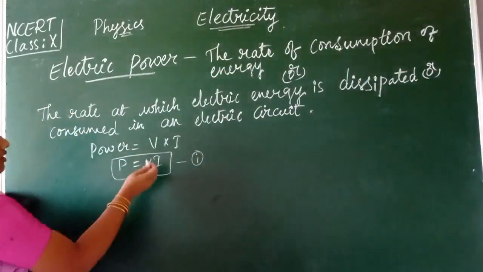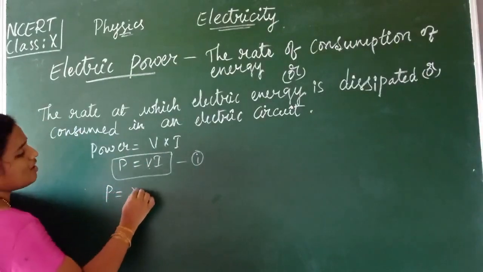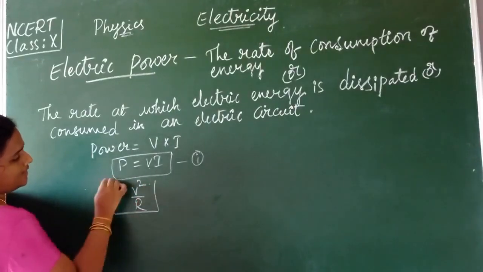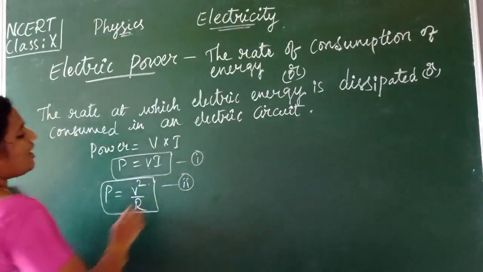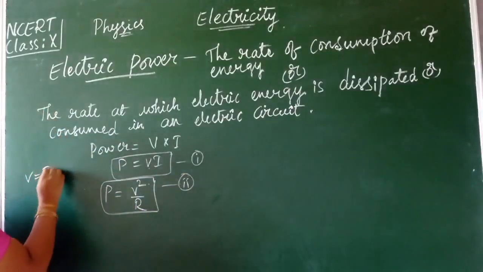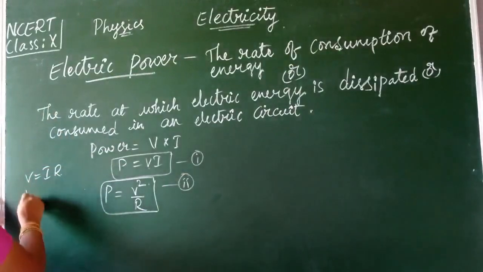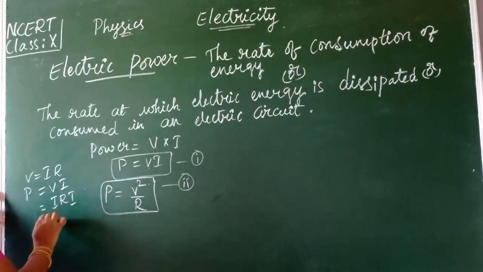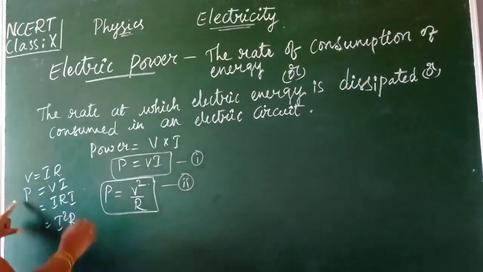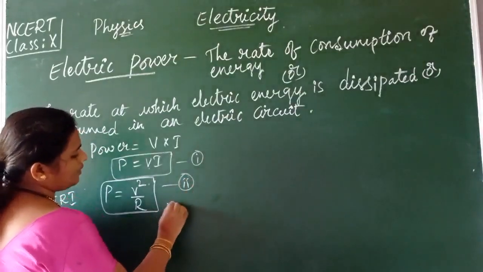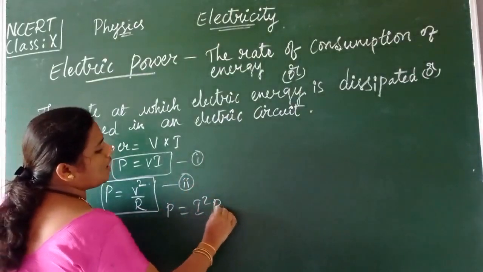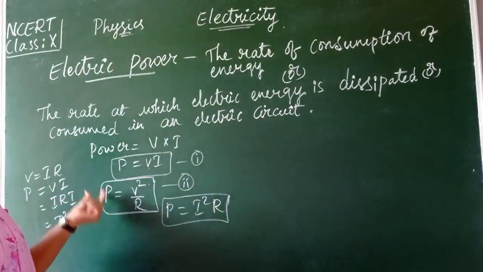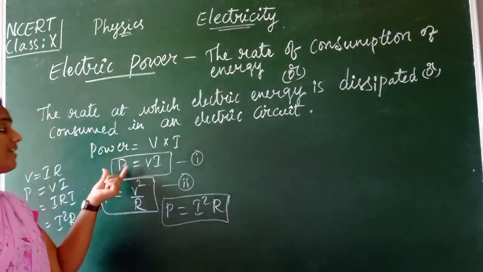And this can also be written as V square by R. This is another way of writing, because we know that V is I into R. So P is equal to V into I means I into R into I. This can also be written as I square into R. Means P is equal to I square R. In these three ways we can write the power values, children. You have to remember these three methods of writing power.